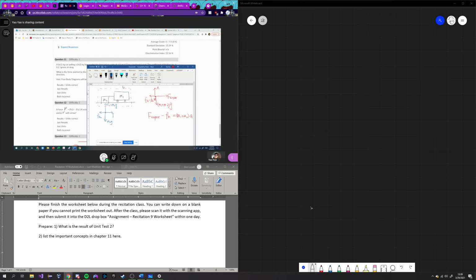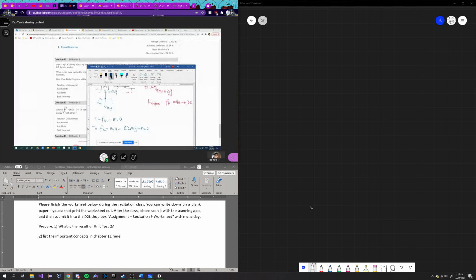And that's why, for this M2, if you are only looking at M2, you will get tension force minus Fk2 equals m2 times a. Then the tension force equals Fk2 plus m2a, which equals mu k, which is 0.2, times N2, which is m2g plus m2 times a.